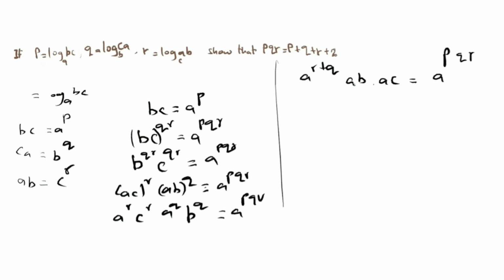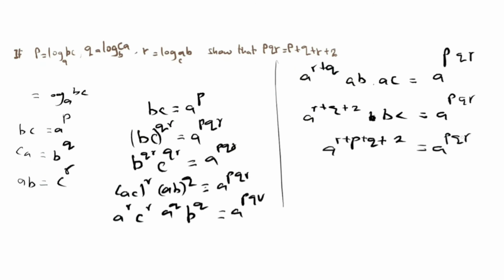So here you have a squared, so a to the power r plus q plus 2, and then times bc equals a to the power pqr. But what's bc? Bc is a to the power p, so we have a to the power r plus p plus q plus 2 equals a to the power pqr.